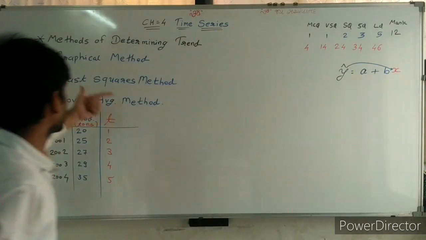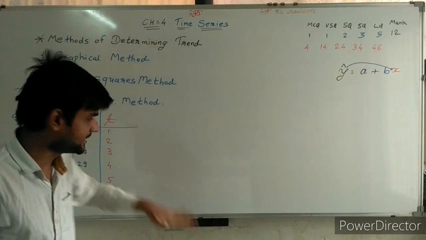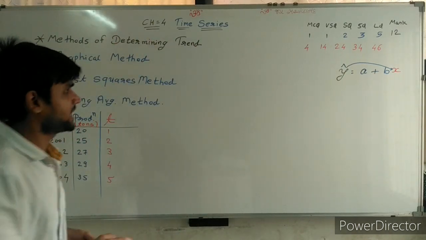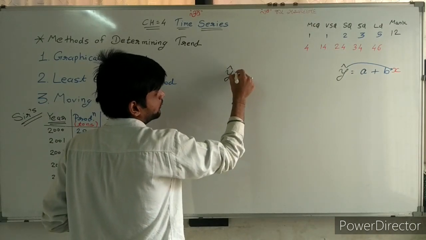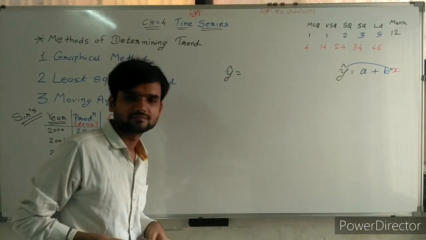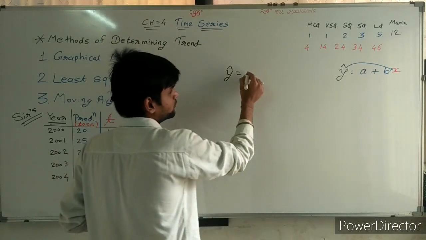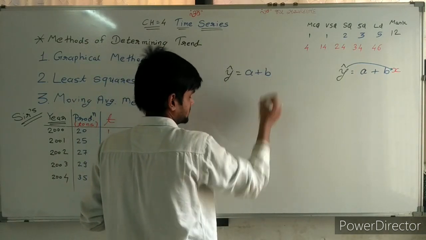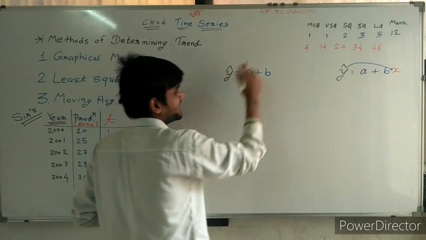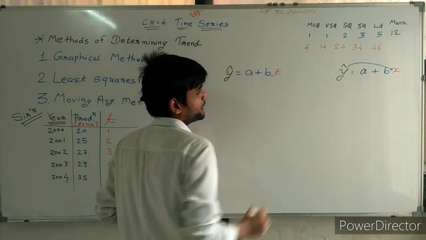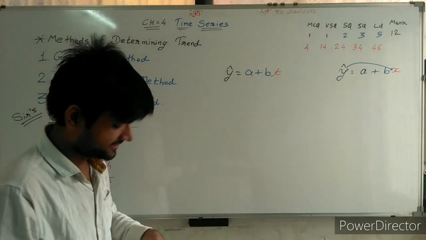Same situation for least square method also in this chapter. Here also we need to find y cap. Y cap is equal to a plus b, but here y depends on t.